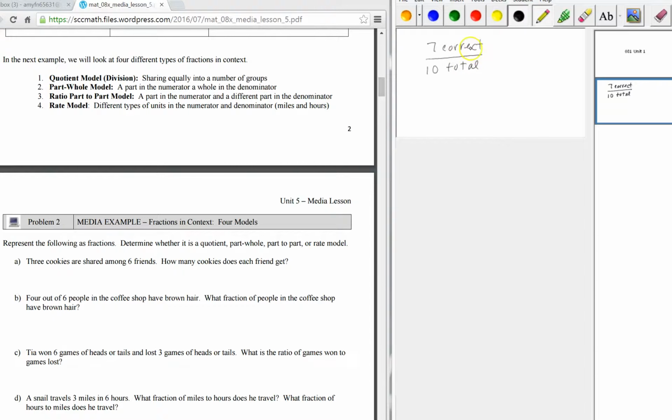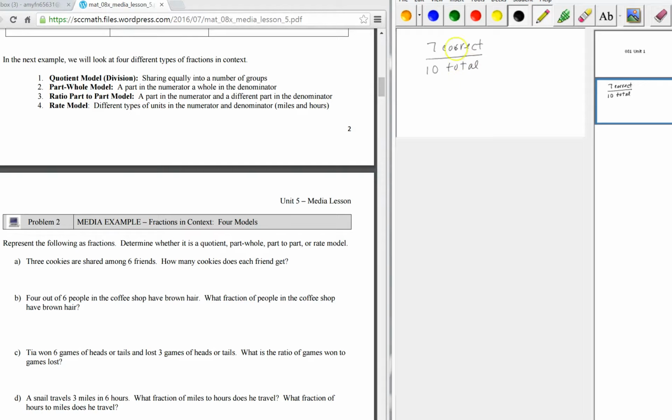So frequently in elementary school, students are introduced to this part-whole model, and they need to have other models of fractions as well. This one can be problematic because if they think of a part and a whole, the part is always smaller than the whole. Okay, so you can't get 12 correct if there's 10 questions.